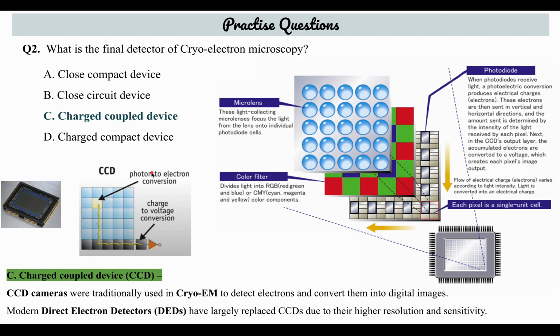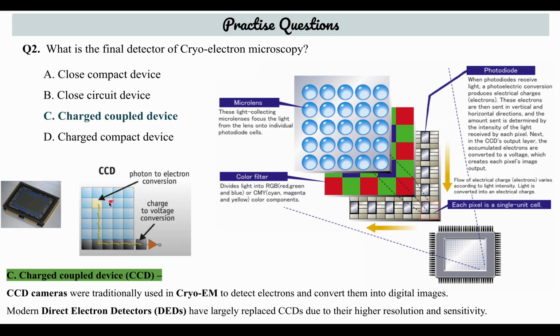When we were talking about the detectors in cryo, we discussed this charged coupled device, in which there is a scintillator in this indirect detector. When the electrons strike the scintillator, it converts the electrons into photons, and then those photons move to the CCD cells.